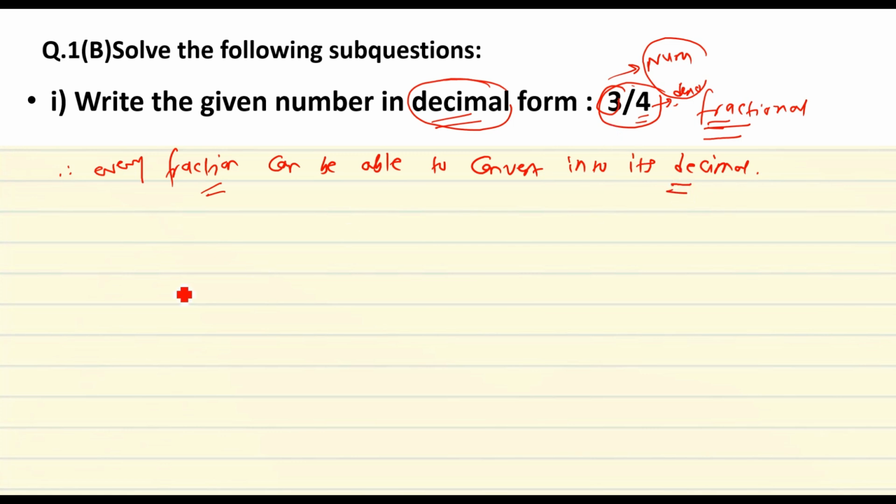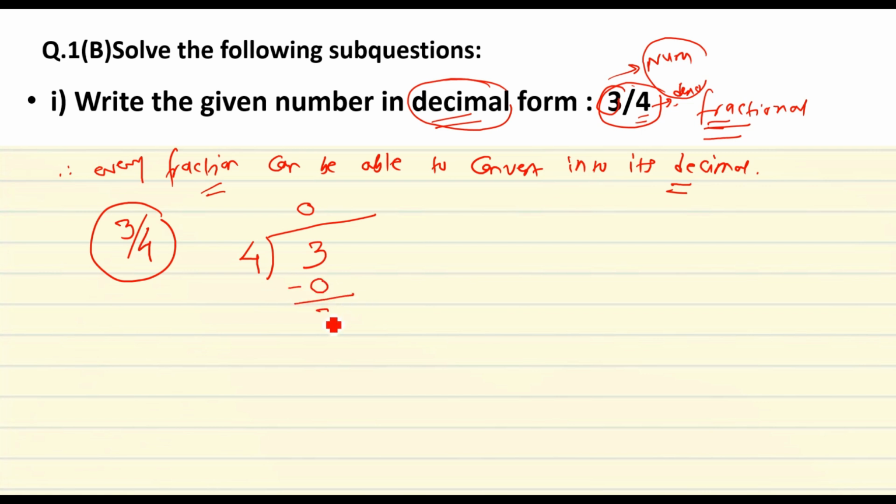Let us see how to convert the given fraction 3 by 4 into its decimal form. What I will do here is divide 3 by the denominator 4. The number 4 is greater than 3, so in the 4 table, it starts with 4, it will not begin with 3. So we take 0 in the quotient: 4 multiplied by 0 is 0, 3 minus 0 is 3.